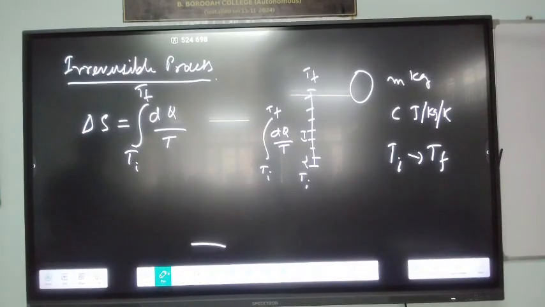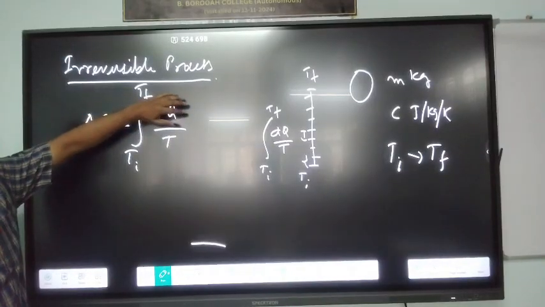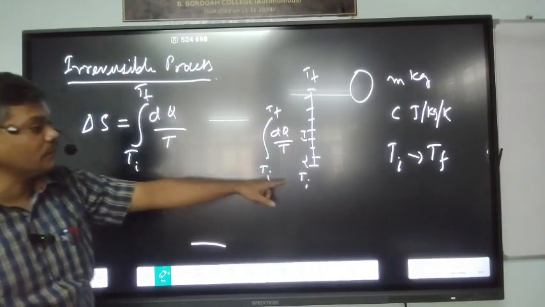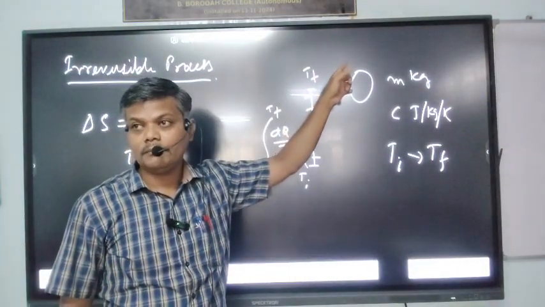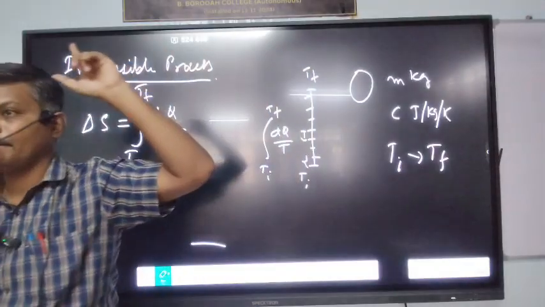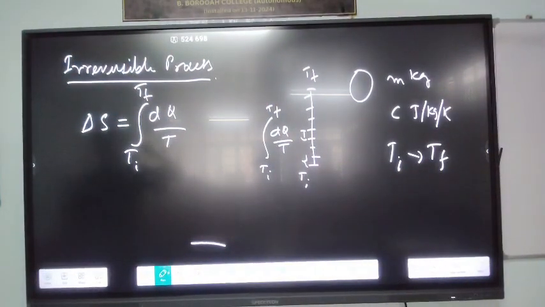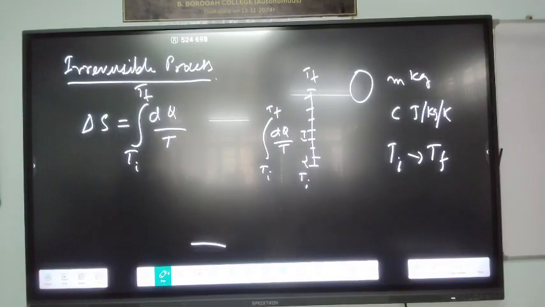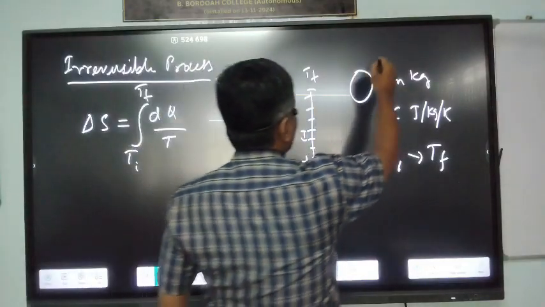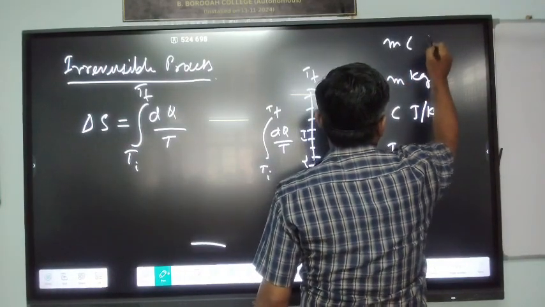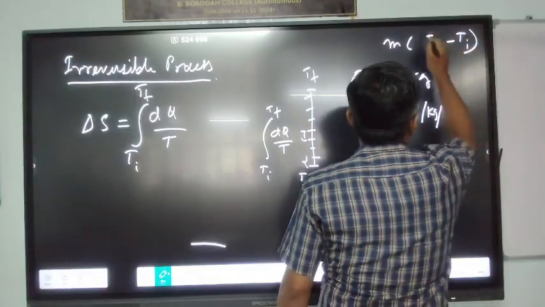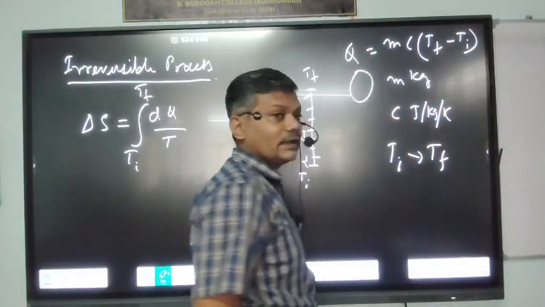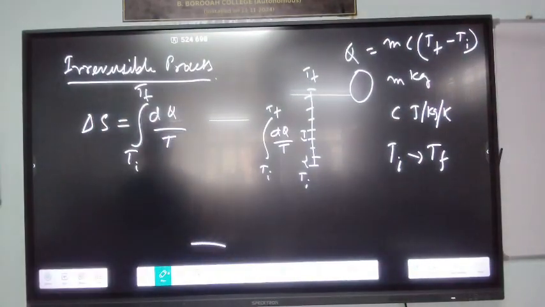Now the question is, what is the dq, how much heat is the object taking while going from Ti to Tf? It is mc (Tf minus Ti). This is the total amount of heat taken by the object while going from Ti to Tf.